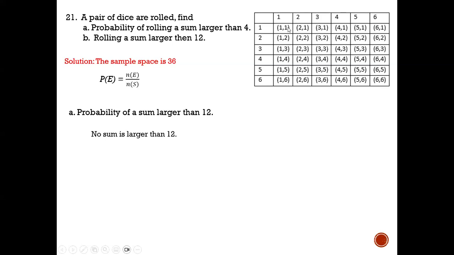We start here with a sum of 2, a sum of 3, so on and so forth, sum of 11, sum of 12. We do not go larger than 12. So none of these outcomes meets that criteria that the sum is larger than 12. So it's actually 0 out of 36, which reduces to 0. So the probability of that happening is 0. There's no way it's going to happen. That's not possible.